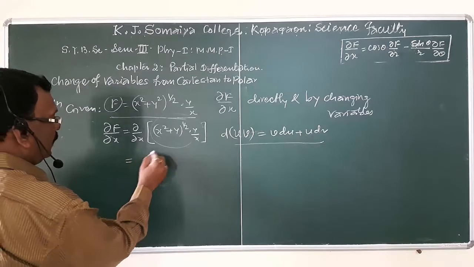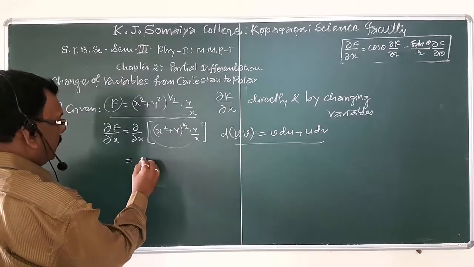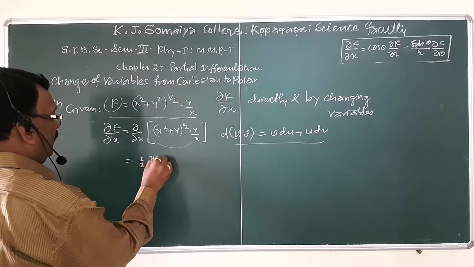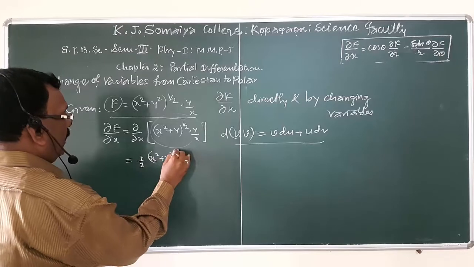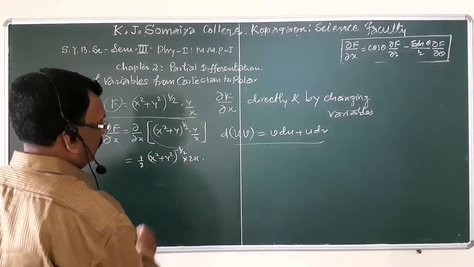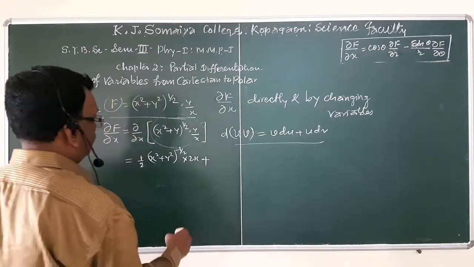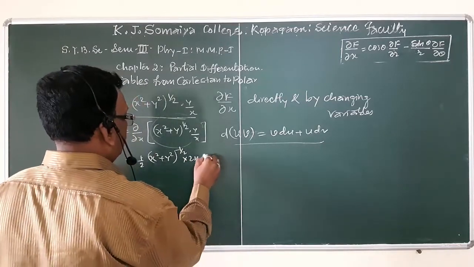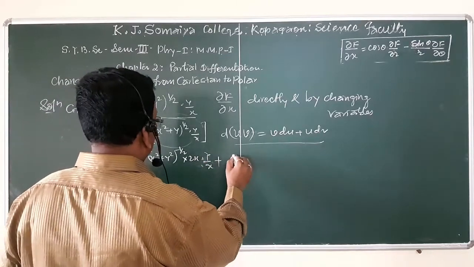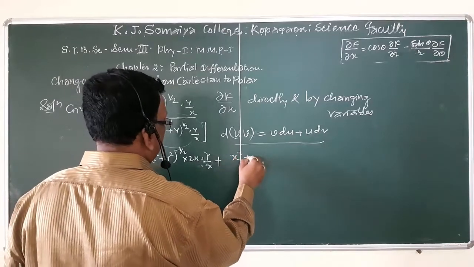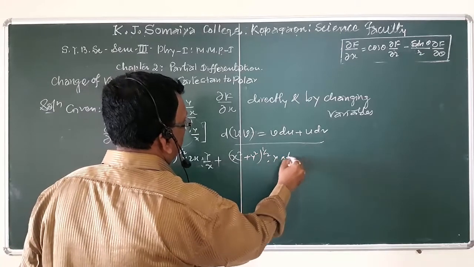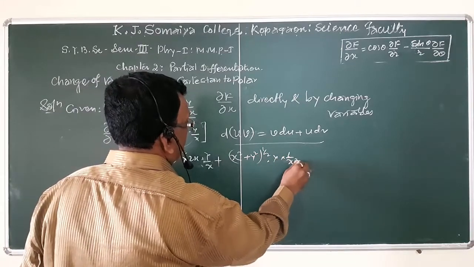we get the first derivative of this term with respect to x as 1 half (x square plus y square) raised to minus 1 half into 2x, plus, into y by x, plus again (x square plus y square) raised to 1 half into y into minus 1 upon x square.